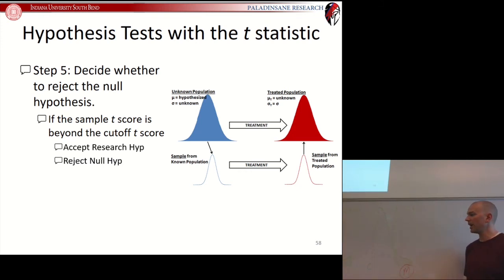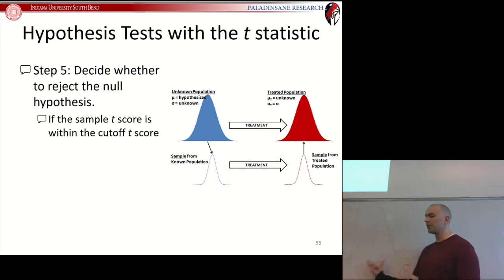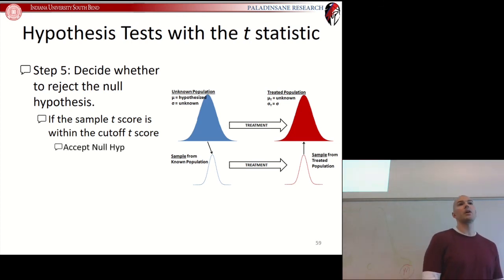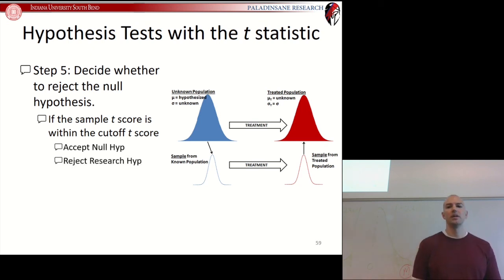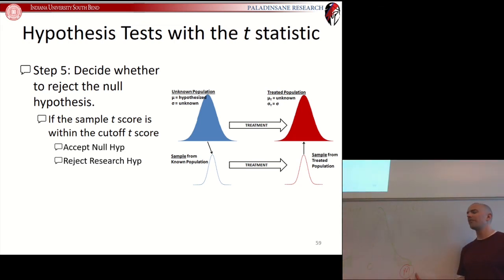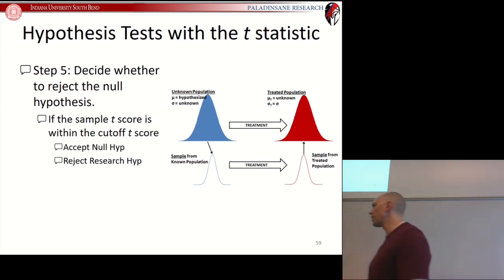If, on the other hand, our sample stayed within the body of the t distribution here, if it did not cross into the cutoff scores, then we would accept the null hypothesis and we would reject the research hypothesis. However, our monkeys crossed over into the tails, which means that it is very, very unlikely that they came from the population that has no preference for the mothers.